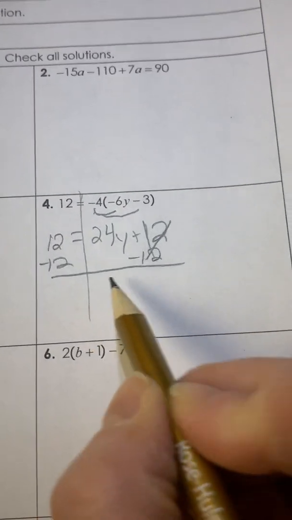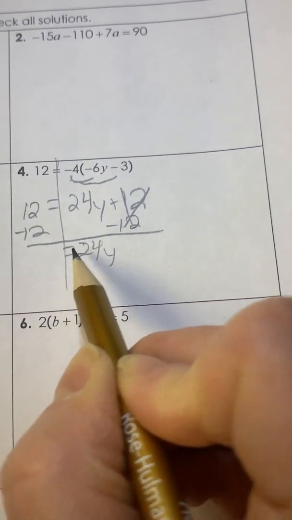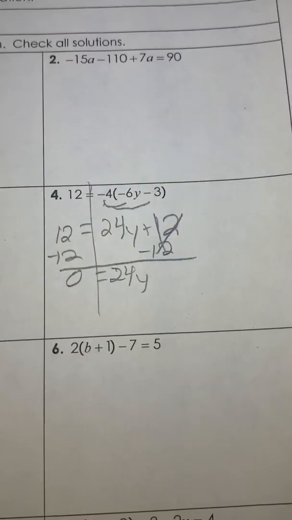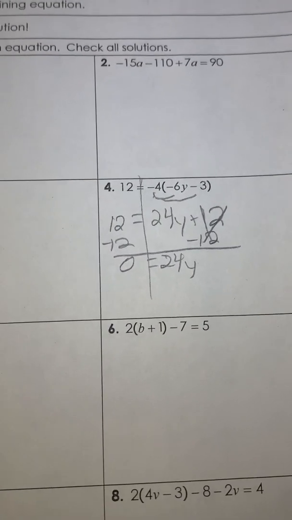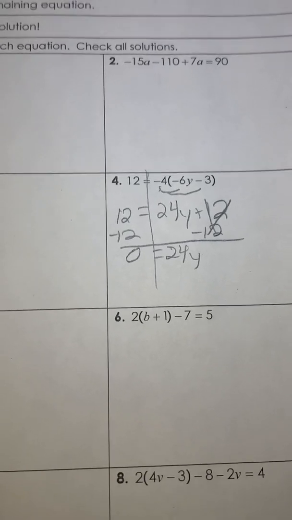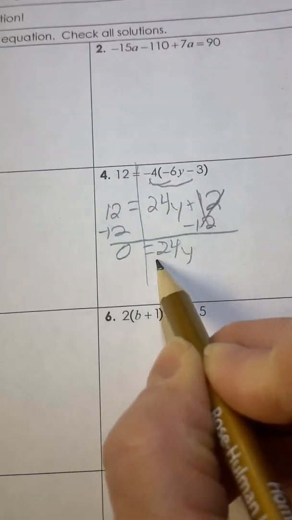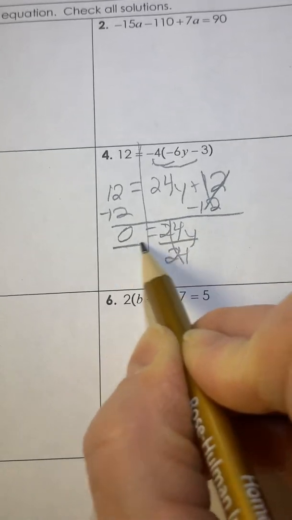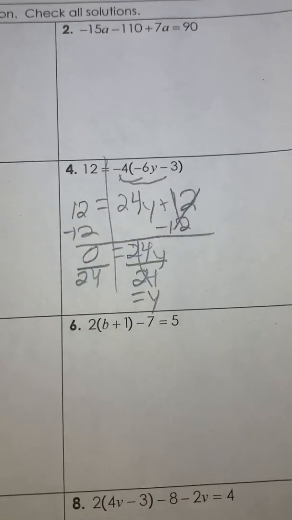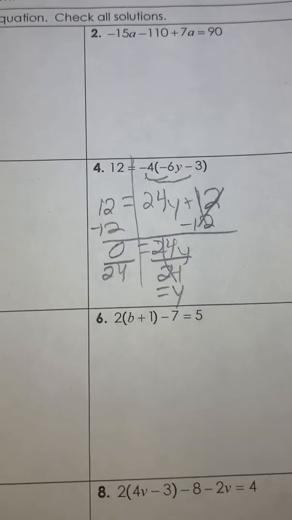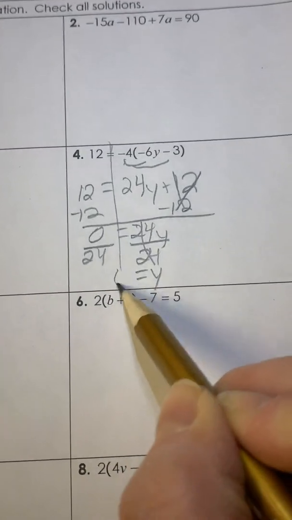So I've got 24y equals 0. But I'm still not done because I was asked to solve for y. So how do I undo that? Divide by 24 on both sides. y equals, what's 0 divided by 24? 0.